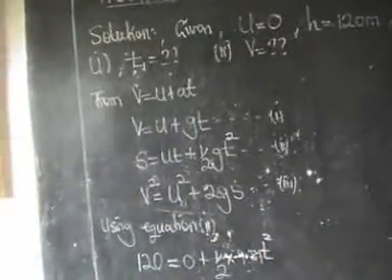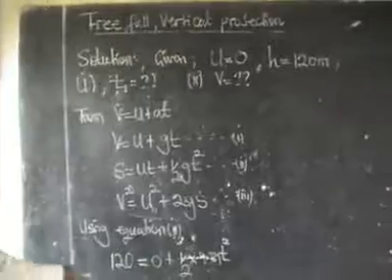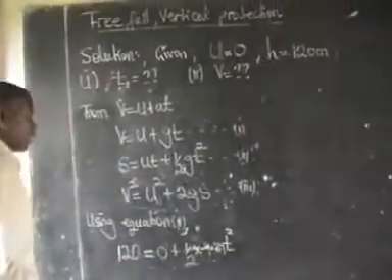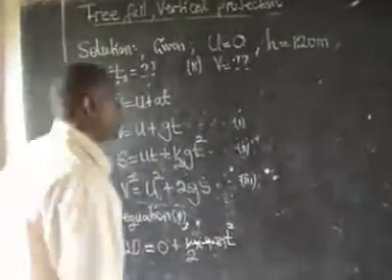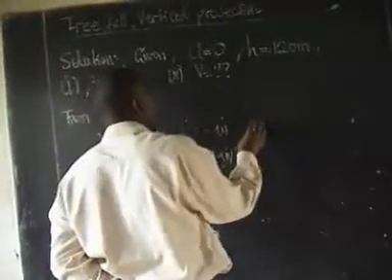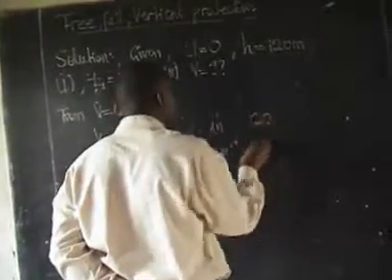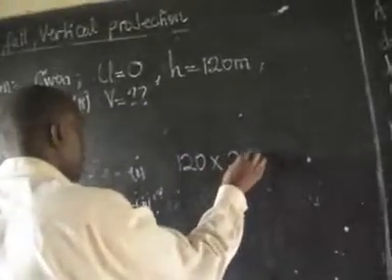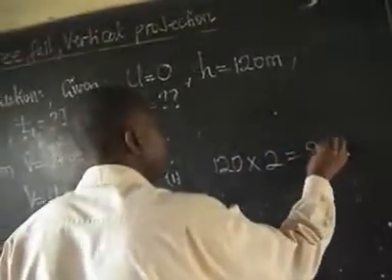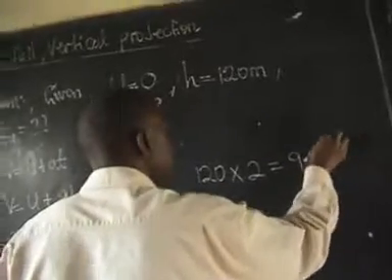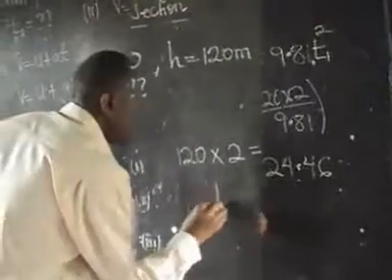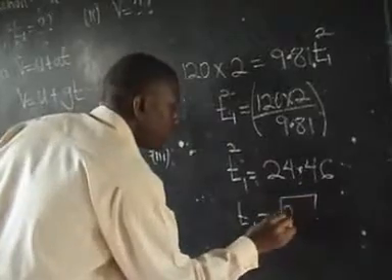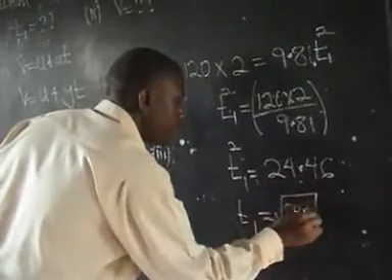Since we are now looking for t, we are going to make t the subject. So when you cross multiply, we shall get 120 times 2 is equal to 9.81 t squared. So T1 is equal to the square root of 24.46.